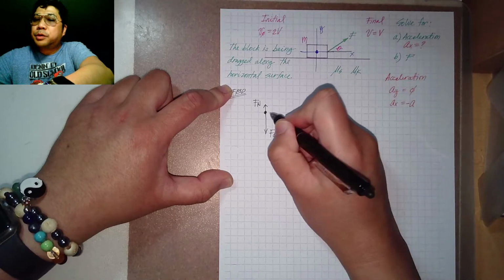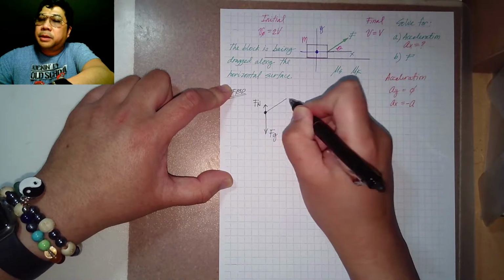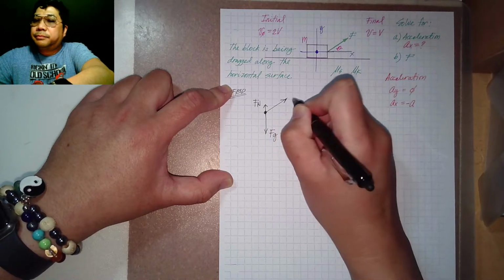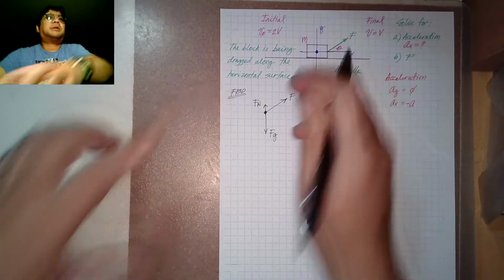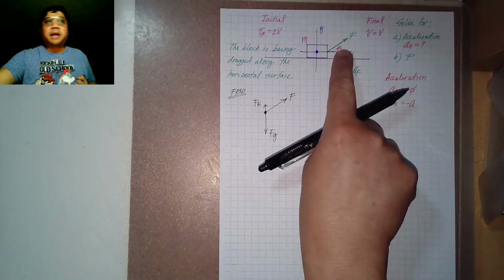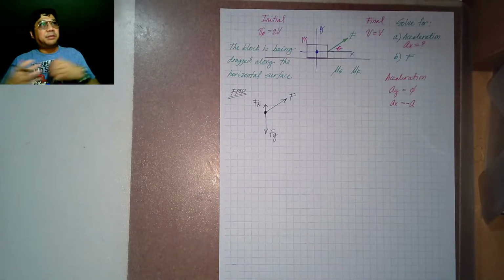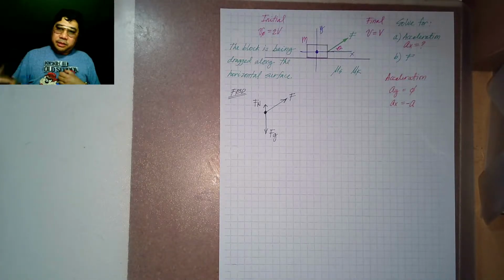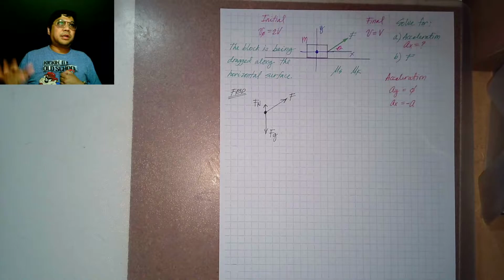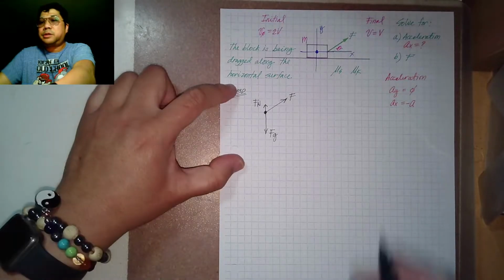Also, there's a force applied at an angle measured along your x-axis, but you don't have to specify the angle in your drawing. This is your free body diagram, so just the actual forces, no components, no additional information.